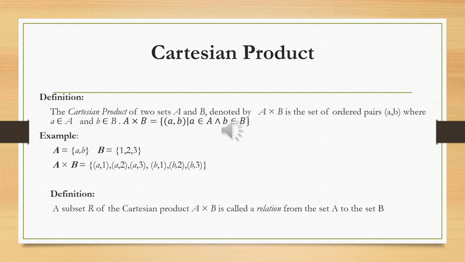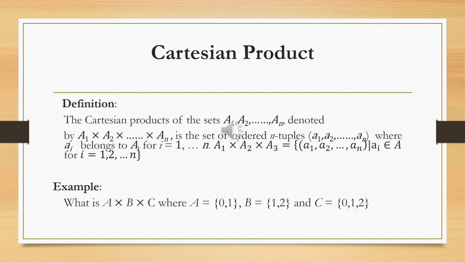As you can see here, the element of A occupies the x-axis place, and the element of B occupies the y-axis place in the ordered pairs.